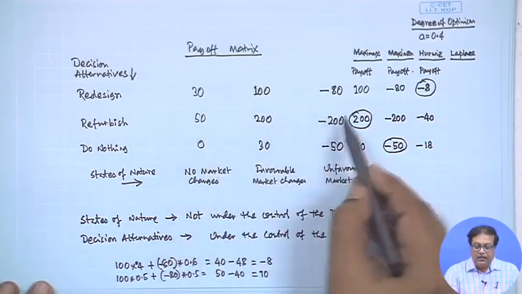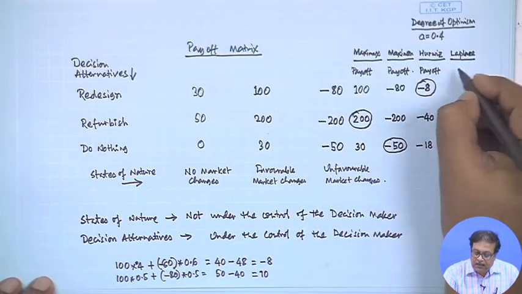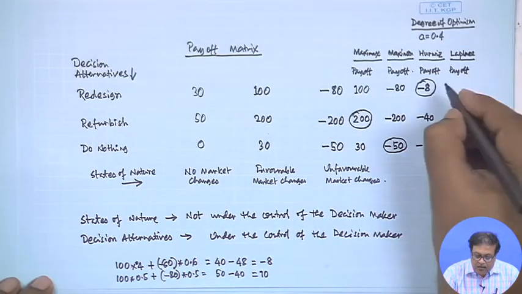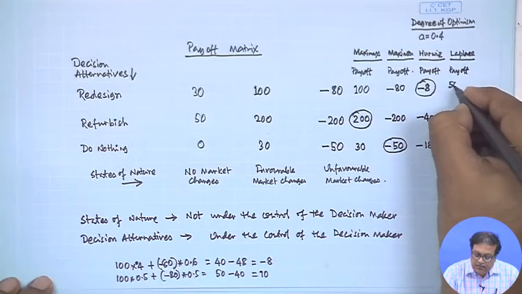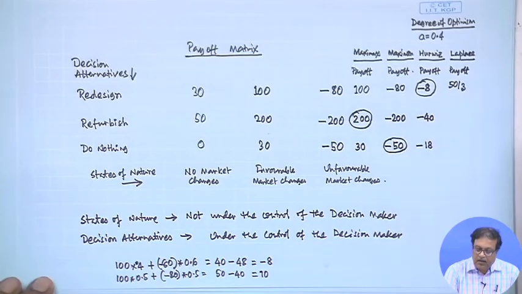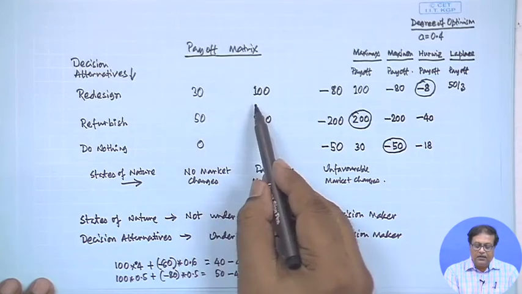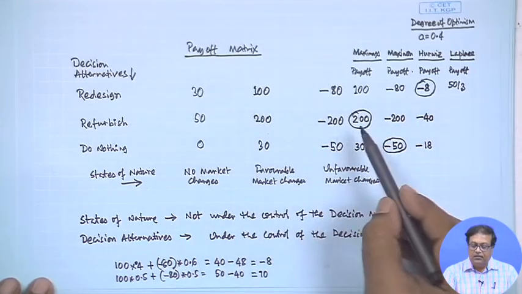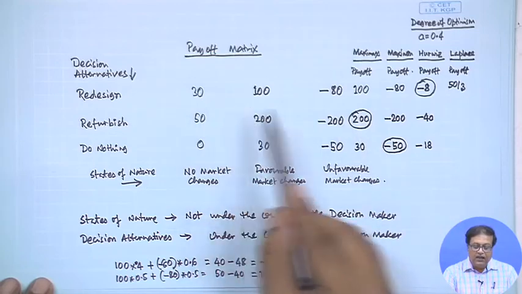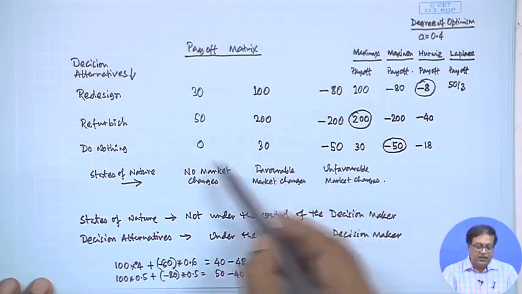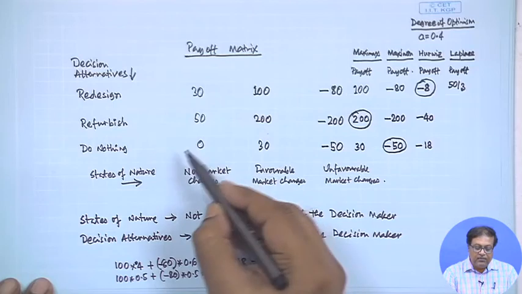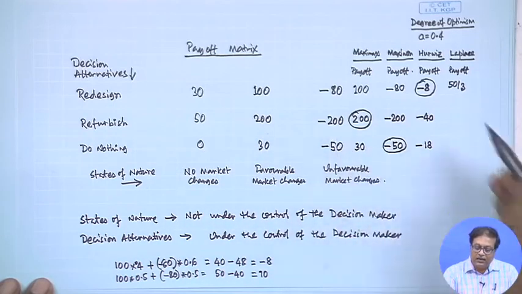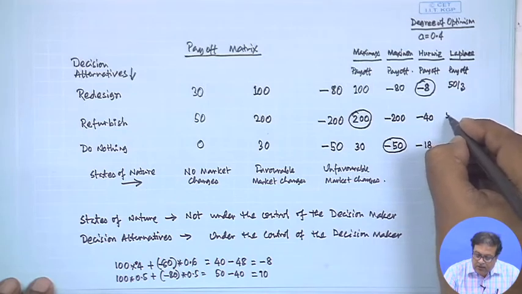So 30 plus 100 is 130, minus 80 is 50. The Laplace payoff in that case would be 50 by 3, the average of the three payoffs. Similarly, if it is refurbish, it will be 50 plus 200 minus 200, again 50 by 3.